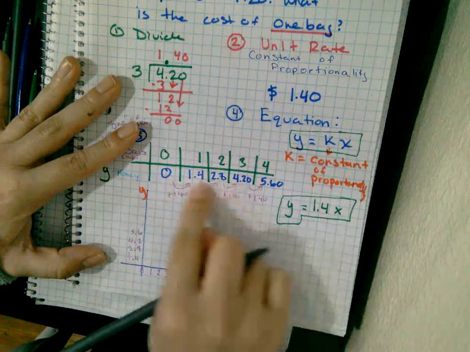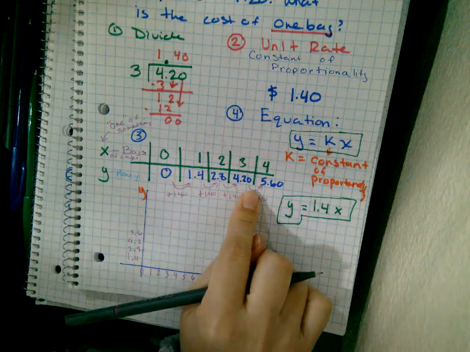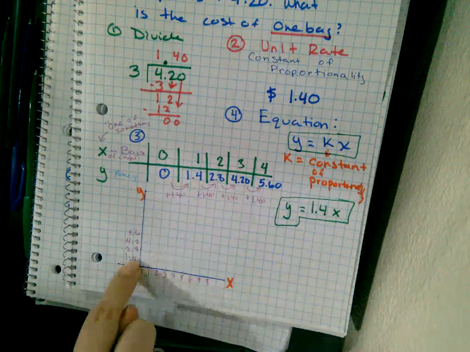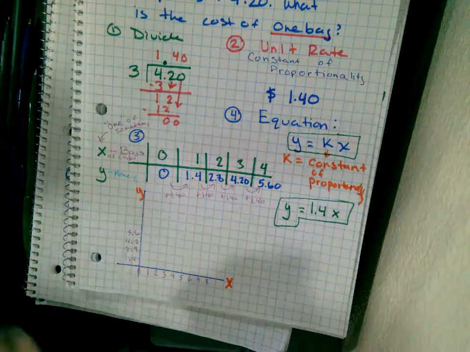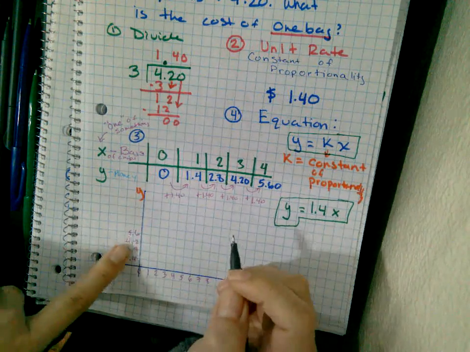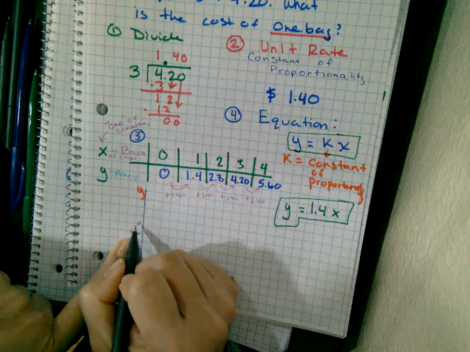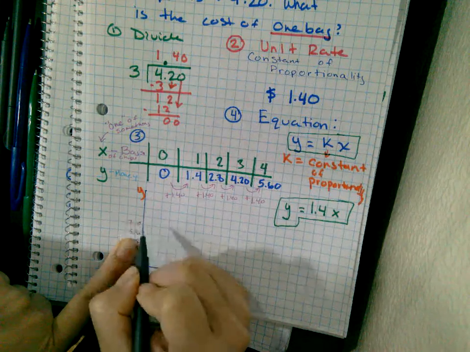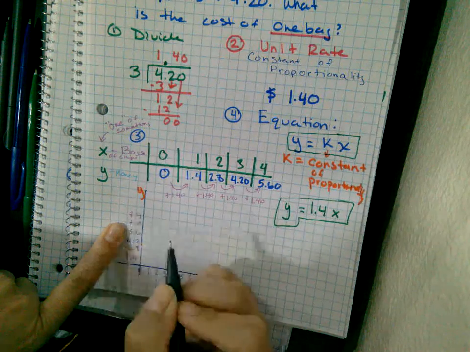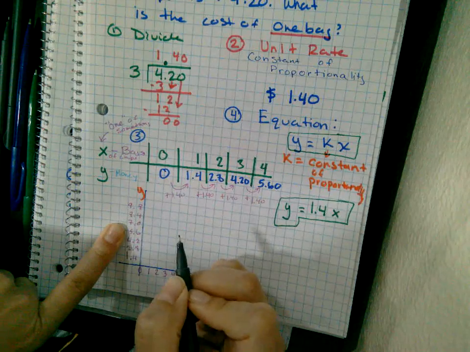Since we did it in order, since we did 0, 1, 2, 3, 4, we just use these numbers to create this. I didn't do the next number. Okay, quickly, I'm going to do it in my head. 5.6 plus 1.4 is 7. 7 plus 1.4 is 8.4. Then 9.8. Right?